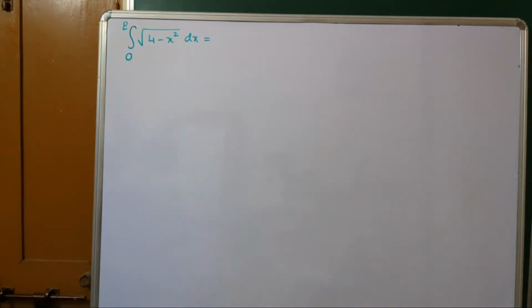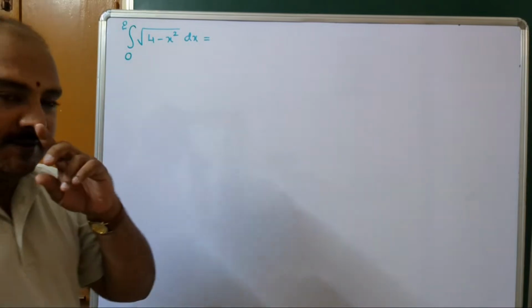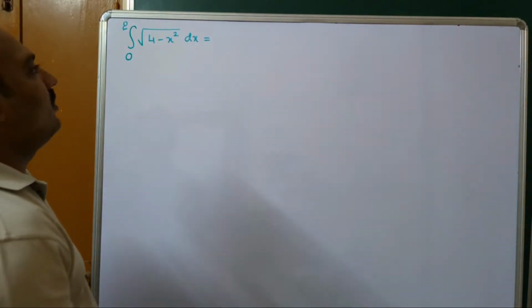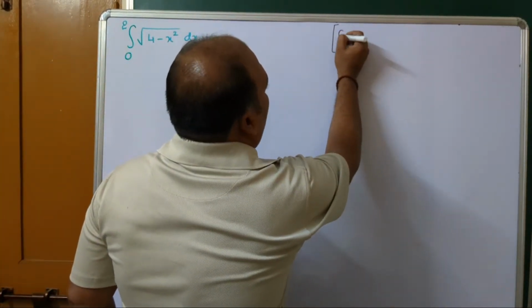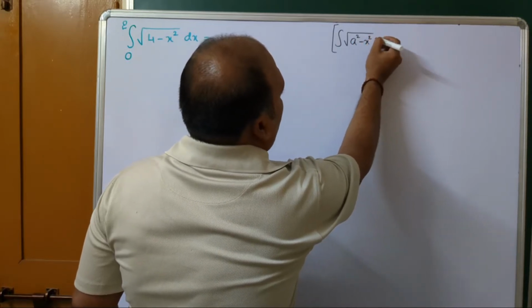So that is the question, dear students. Integral 0 to 2 root of 4 minus x square into dx. First, we have to know the formula of integral square root of a square minus x square into dx.